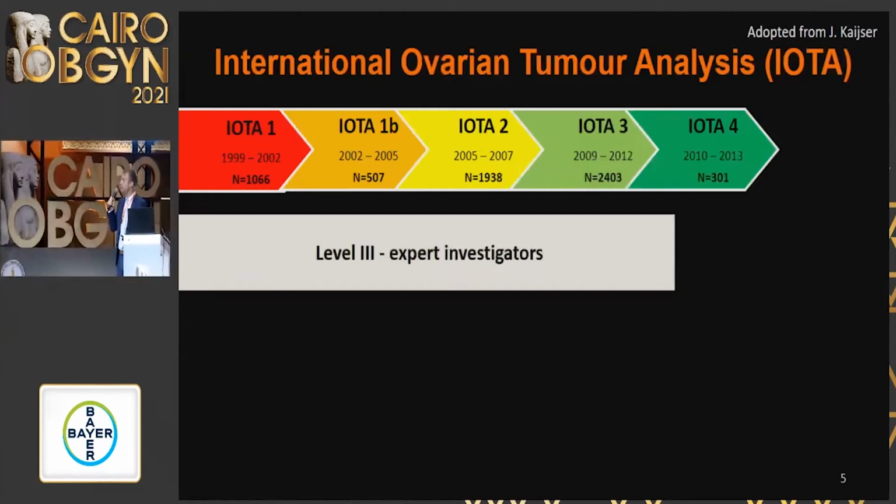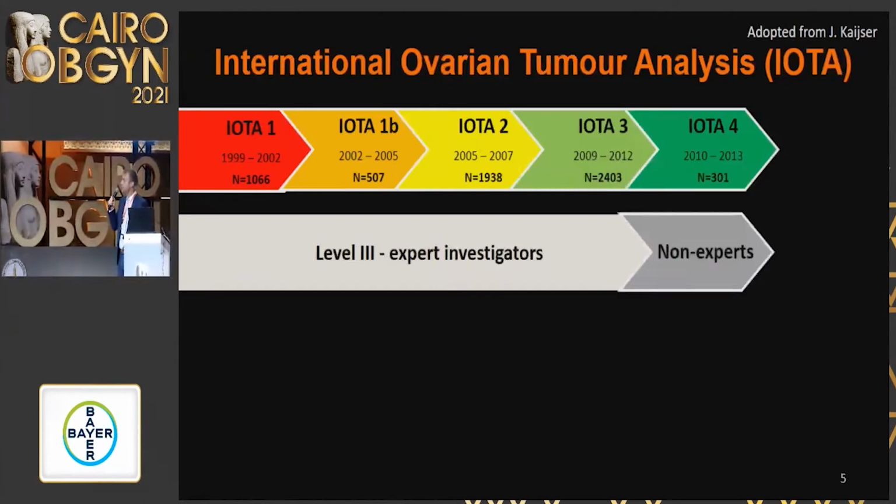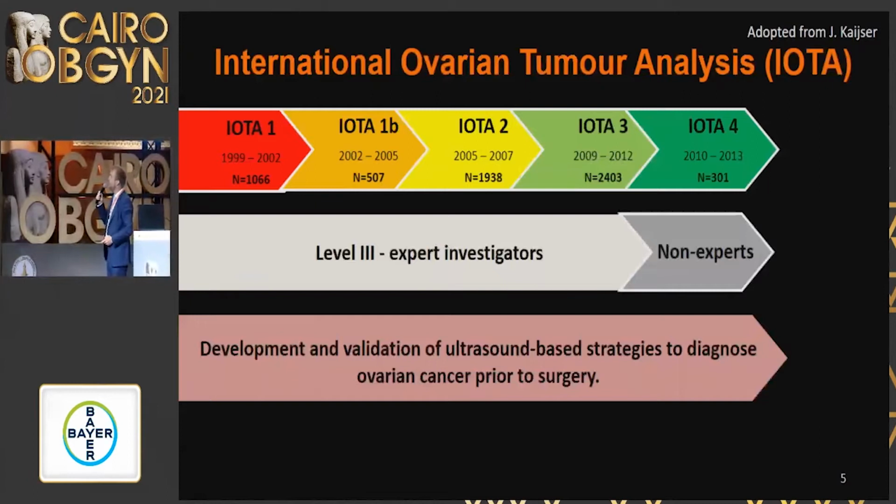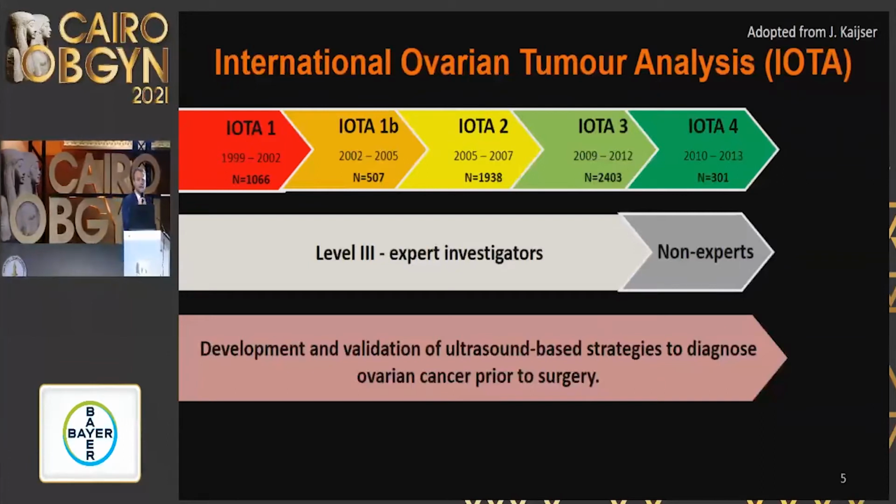So on all these phases, and here I show you IOTA phase 1 until 5, but in the meantime, we have IOTA phase 6 and 7 going on. And also Professor Mona Abulgar, who is sitting here, is one of the key researchers representing Cairo University in the study. So we see that on IOTA phase 1 until 4, all patients had surgery. So we had histology as a gold standard, as the outcome.